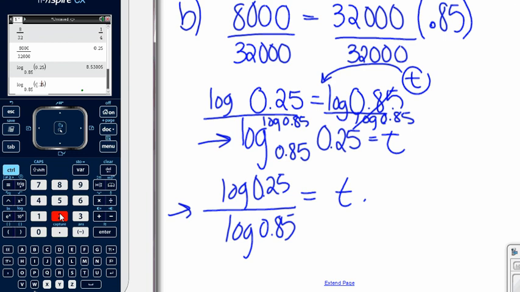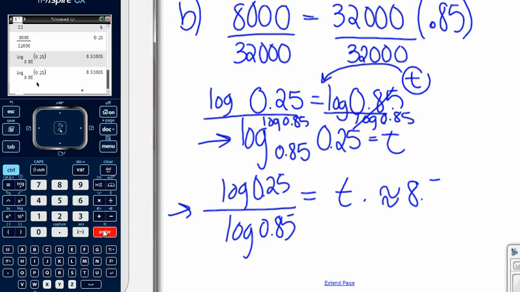Okay, so we have 8.53 about. Okay, so t, the number of years, is about 8.53.